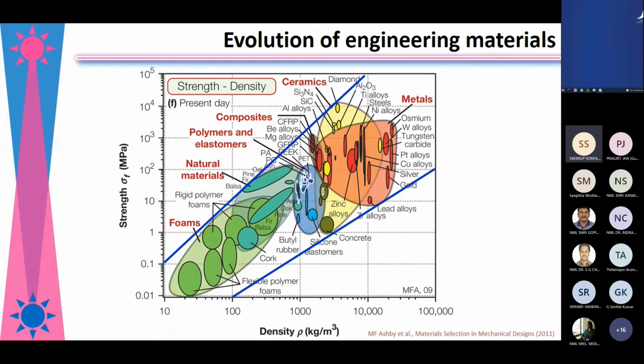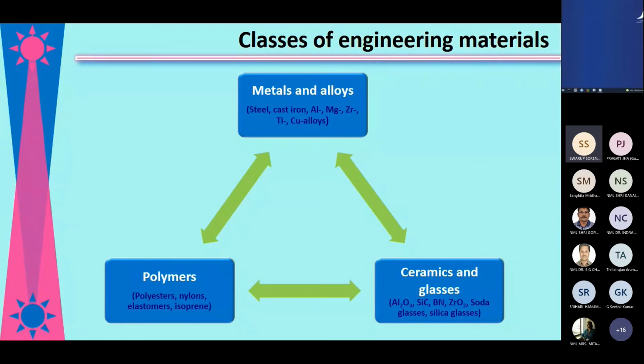So in a nutshell, we have basically 3 different classes of materials available with us. These are metals and alloys, which consist of steel, cast iron, aluminum, magnesium, zirconium, titanium, and copper alloys.